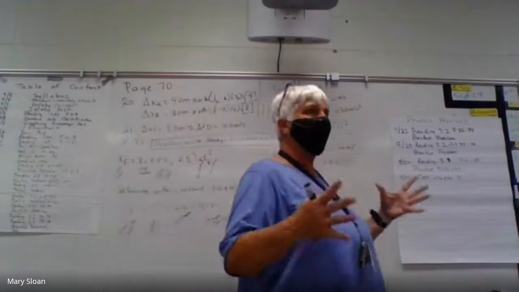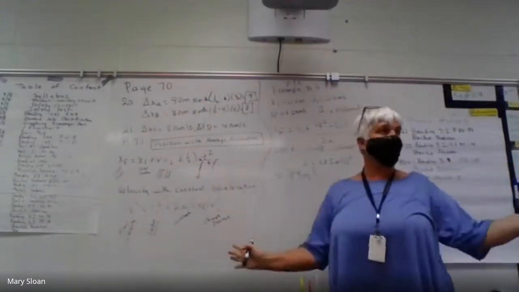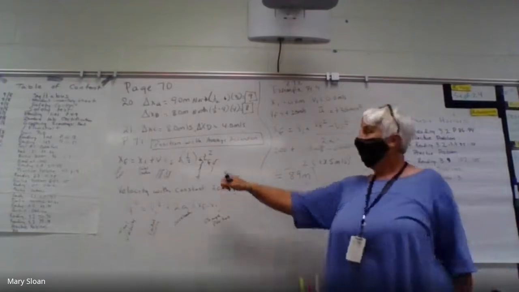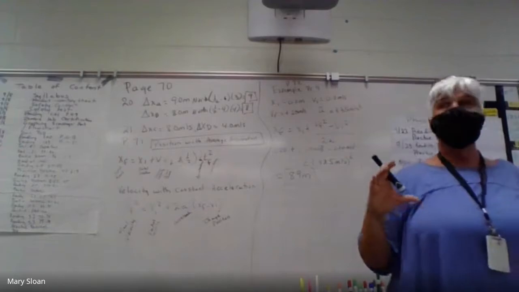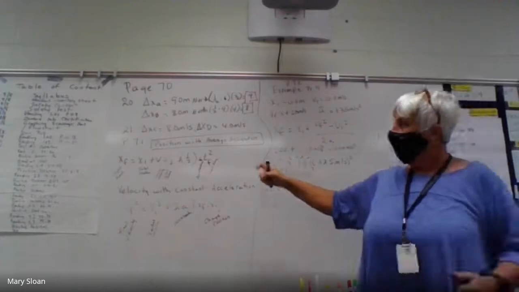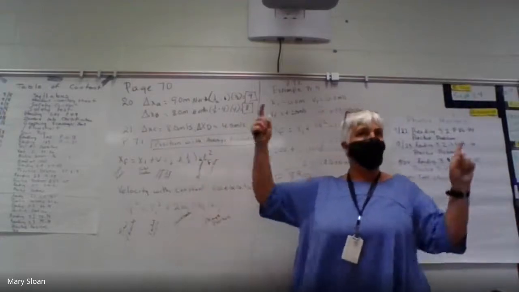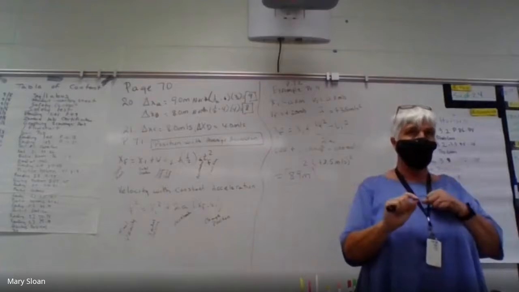You're going to have to know what these variables are and what they stand for, okay? I'm writing them out for you now so you'll have them in your notes. So when you have the test, you know how to find the variables. I'm giving you the formula, but I'm not giving you the variables.